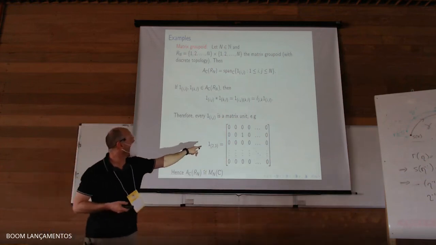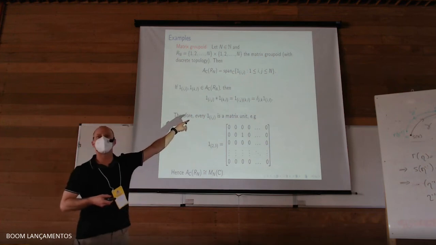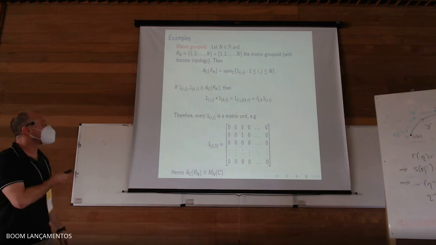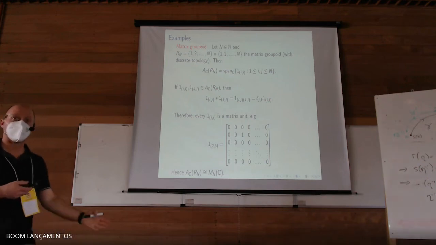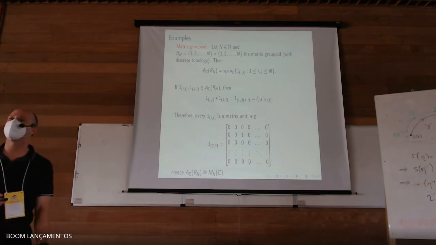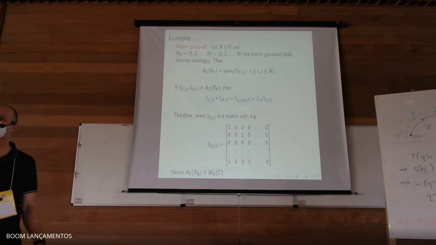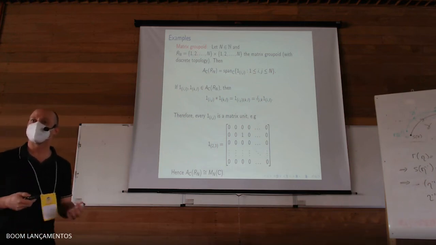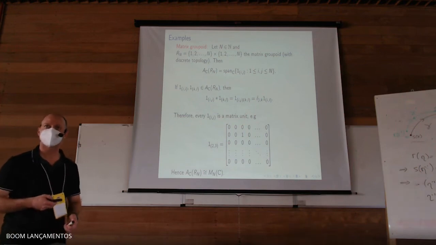Because when I multiply these matrices, they follow the same algebraic structure as multiplying those elements over there. In other words, one can show that the Steinberg algebra associated with this matrix groupoid amounts to just getting all the n by n matrices with complex entries in them. Okay, so this is a very, very concrete example of a Steinberg algebra.